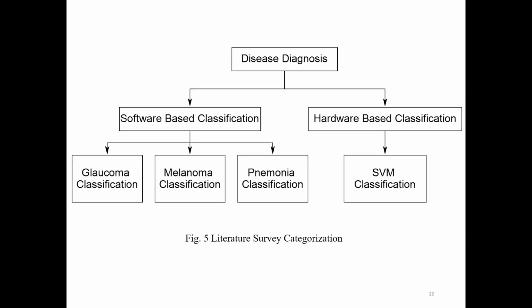And when it comes to the literature review, you observe for disease diagnosis there are many classifications, like software-based classification, under which you will find classification of glaucoma, melanoma, and pneumonia. These three disease classifications do exist.